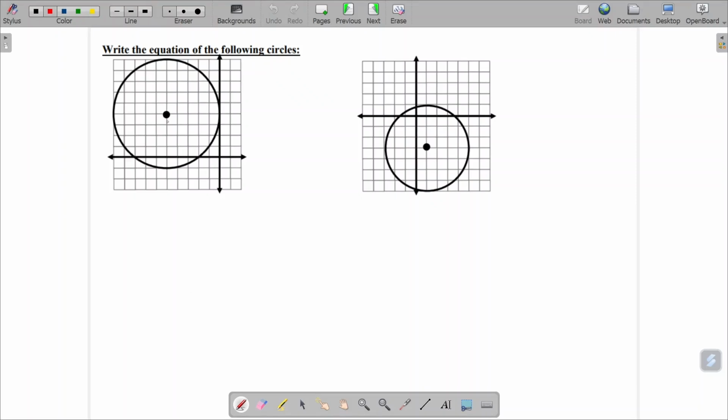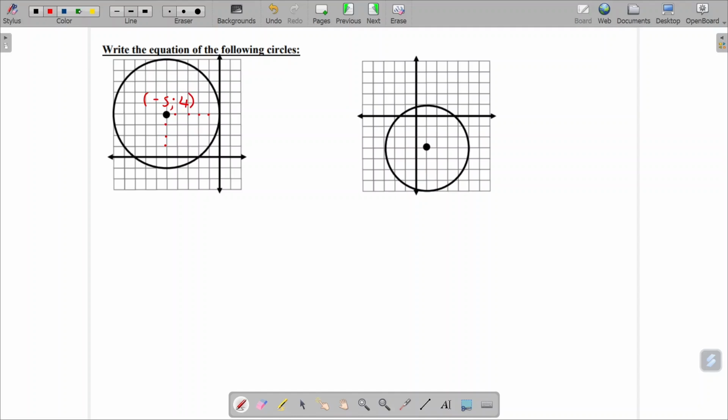We can see that this is 1, 2, 3, 4, 5 to the left, so it's got a center at -5. And if we count up, it's got 1, 2, 3, 4 up. So it is centered at the point (-5; 4).